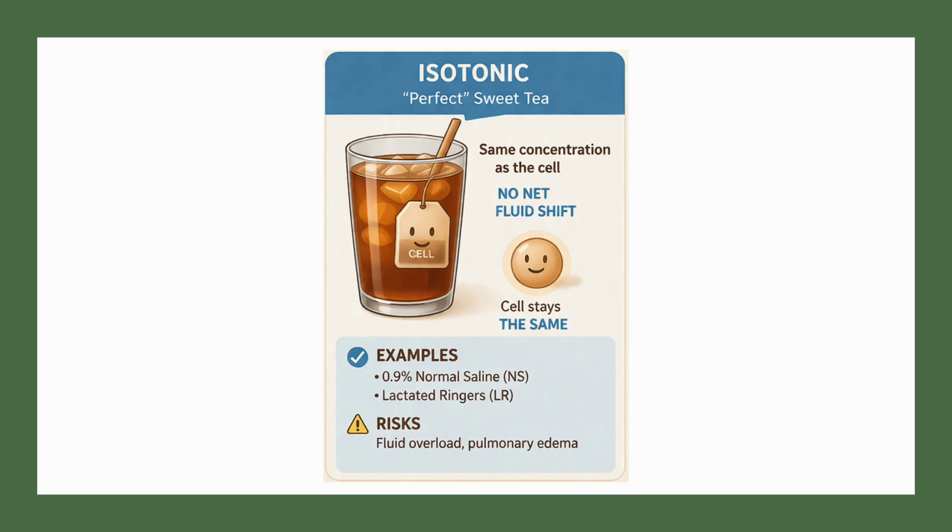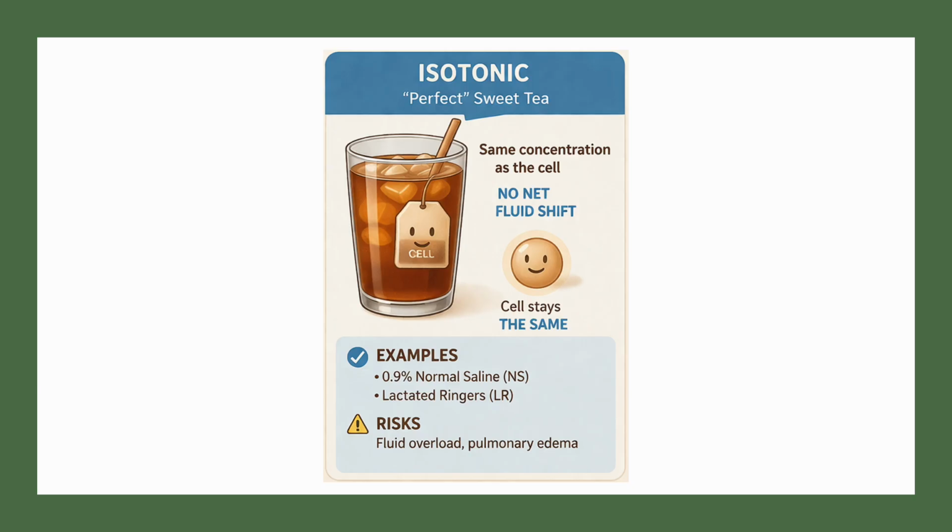In regards to the cell, it's going to have the same concentration as the cell. So we're going to have an even amount of concentration of sugar within the tea bag versus outside of the tea bag. Because of this equal amount, there will not be any shift of fluid that transforms how that cell looks. So the cell will remain happy and will stay the same size.